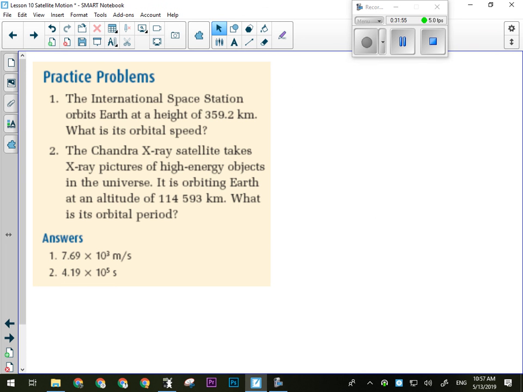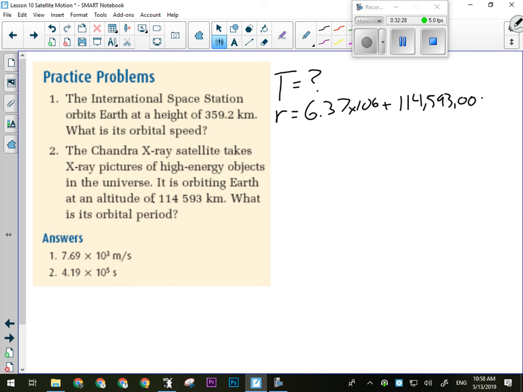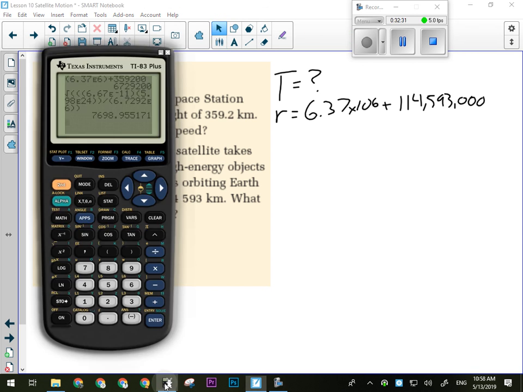Okay, let's have a look at number 2 here. So we've got this X-ray satellite that takes pictures of high energy objects in the universe. In order to do that, it has to be a very long way from the Earth. This is not orbiting anywhere near the Earth. So we are looking for its orbital period. So we're looking for big T this time. We know the orbital radius is 100. Actually, we know the altitude. So we need to calculate the orbital radius by going 6.37 times 10 to the 6 plus 114,593, and I'm converting that to meters by adding 3 more zeros onto that.